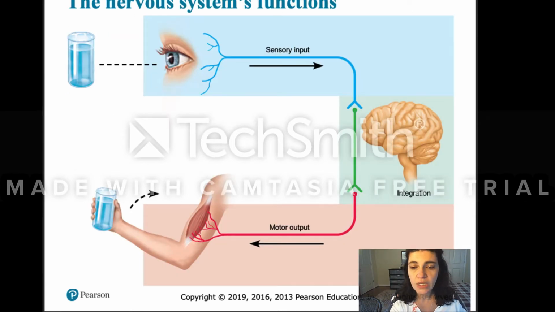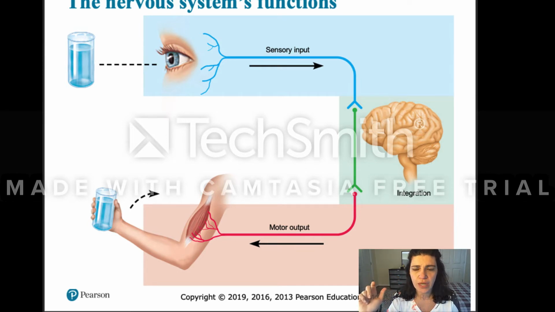So here are the nervous system's functions. You look at something, for example, you look at a cup of water and you want to drink that water. So there is a sensory input that goes from your eyes to your brain. We're going to learn in a superficial way, not in depth, but we're going to understand these facts, how we go from eye to brain and then back to arm so you can get that cup, right?